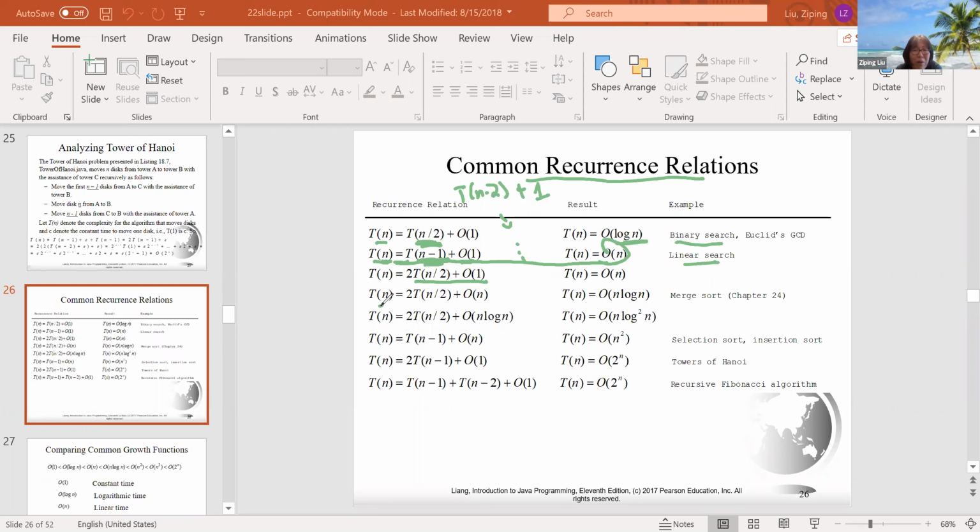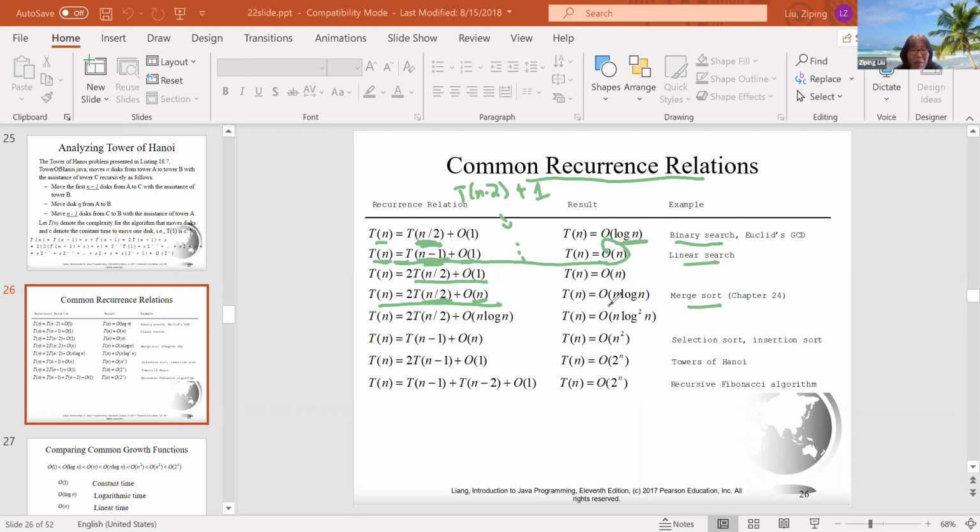And what is this kind of case? If you recall, we just said quick sort and merge sort are all the same. You decompose by half and add some linear work.